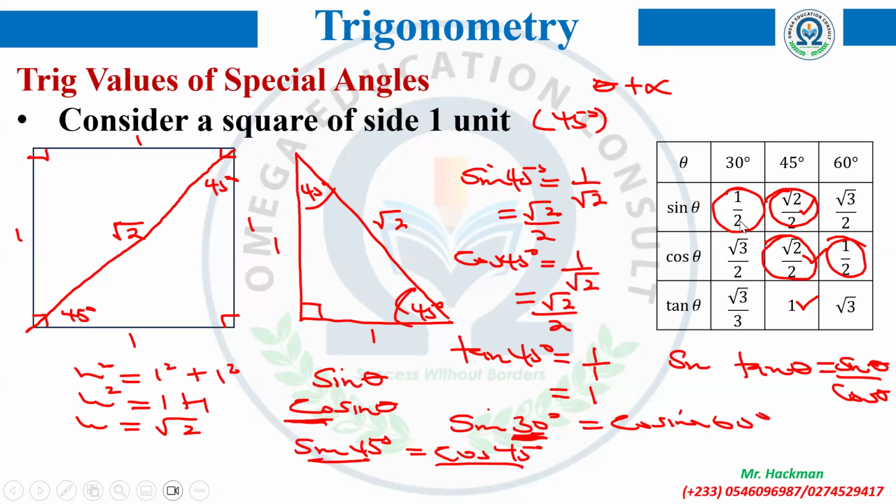So do 1/2 divided by root 3 on 2. It should give you this. Is that clear? If you do this over that, obviously you can see that it will give you 1. If you do this over this, it should give you this. So that's the more reason I said if you learn the first line, you know the second line, and you know the third line as well.